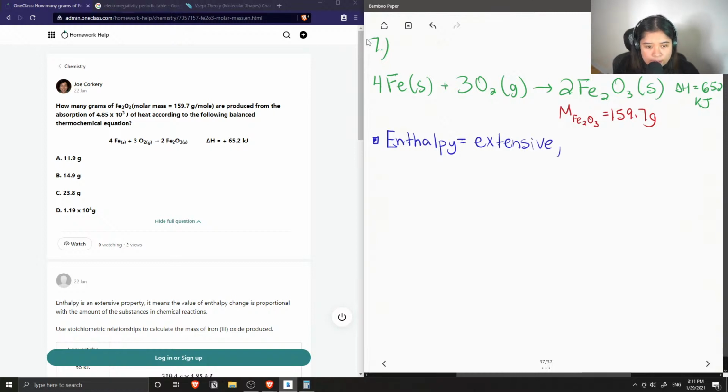So this means that enthalpy is proportional with the amount of substances in the reaction.